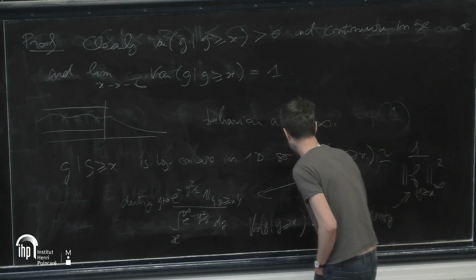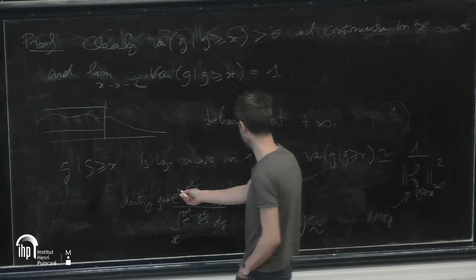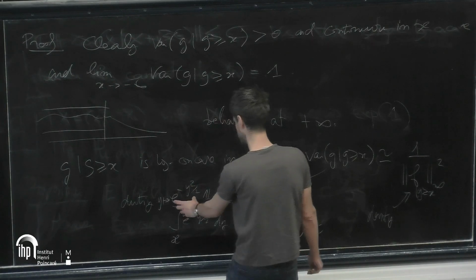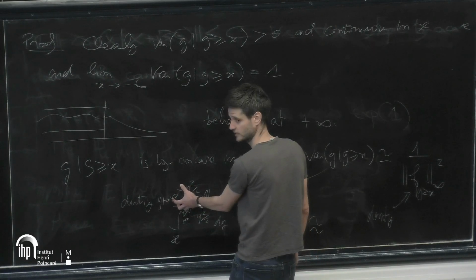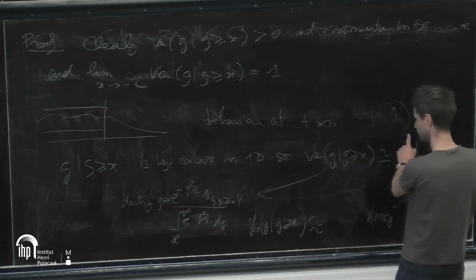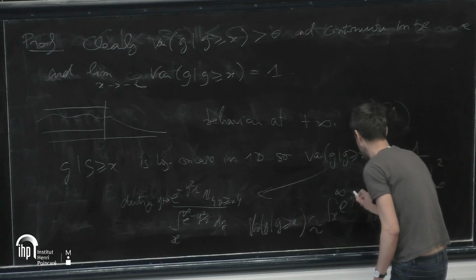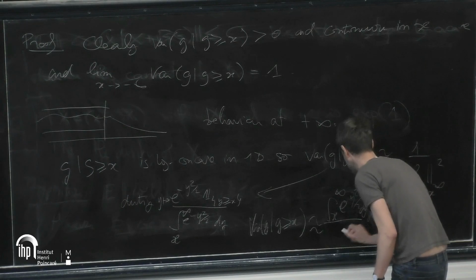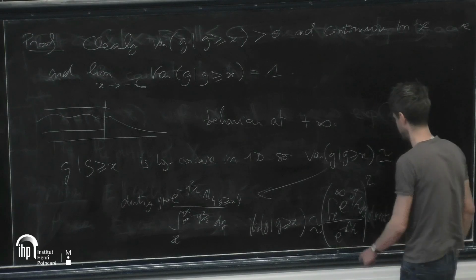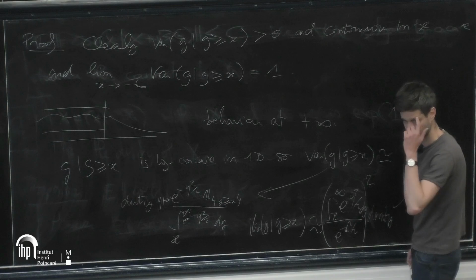If x is positive, the point where this is largest is y equals x. So it's the other way around: the integral of e to the minus y squared over 2 dy divided by e to the minus x squared over 2, and this is easily seen to be 1 over x. This is classical. So 1 over x squared.